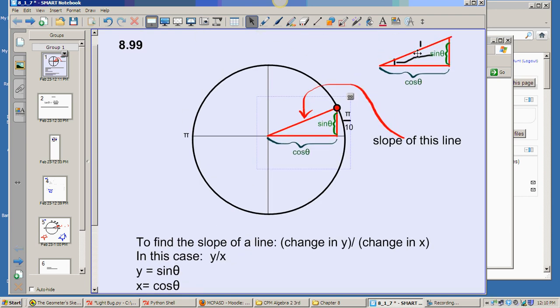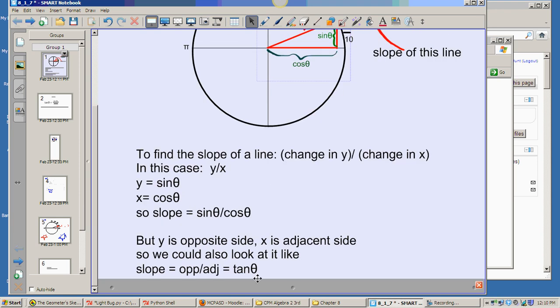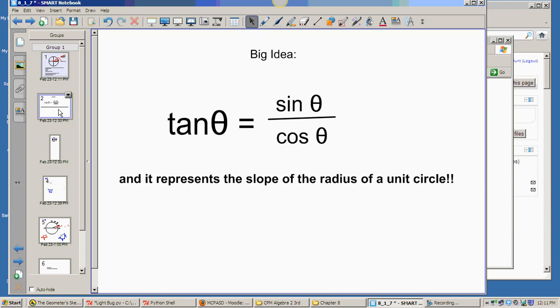So the slope of this line equals the opposite side over the adjacent side, the change in y over the change in x. And another name for opposite over adjacent is tan theta. So the big news of the day: tangent of theta equals sine of theta divided by cosine of theta, and it represents the slope of the radius on a unit circle. So hopefully that's what you took out of 899.